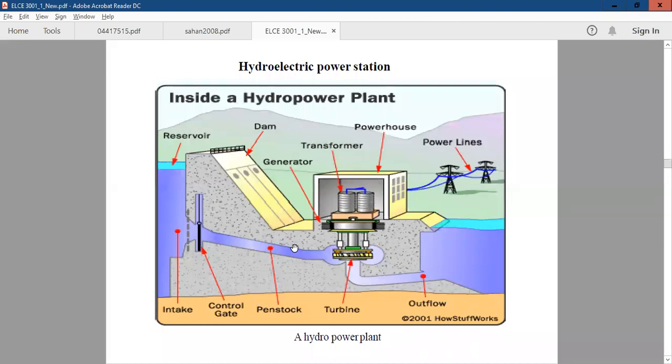Okay, the water turbine then captures this energy and rotates the generator, and in this way kinetic energy is converted into electrical energy. Then we transmit it through the transmission line.